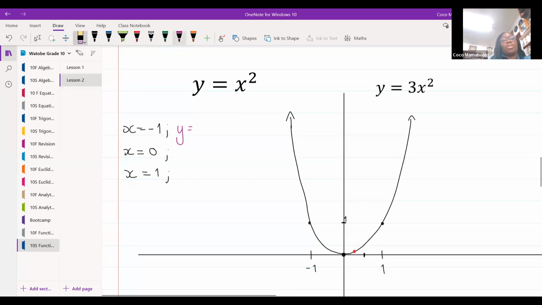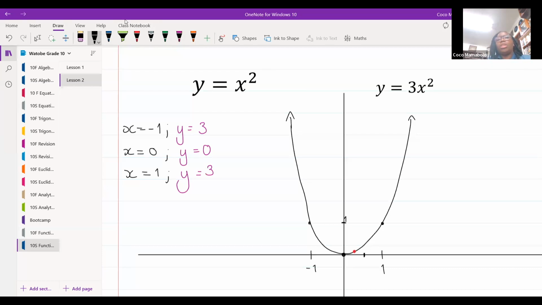When x is equal to 0, guys, what will y be equal to? 0. Good. And where x is equal to 1, y will be equal to 3. Good stuff.